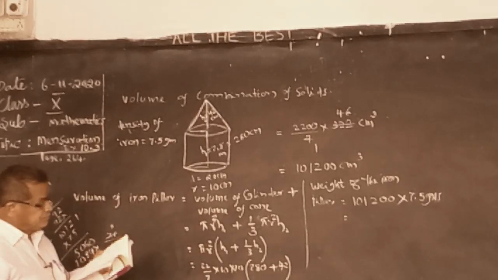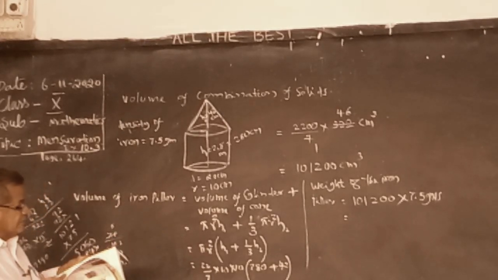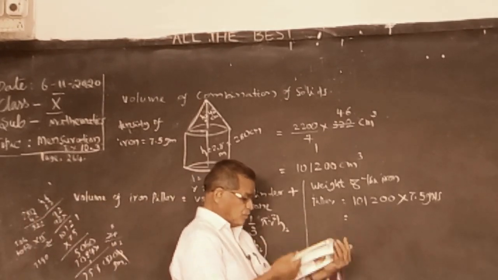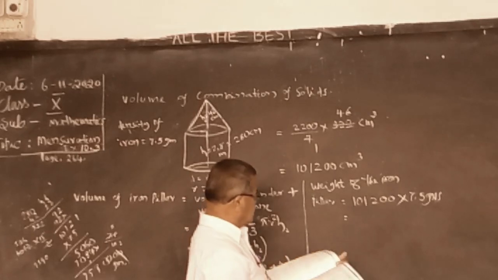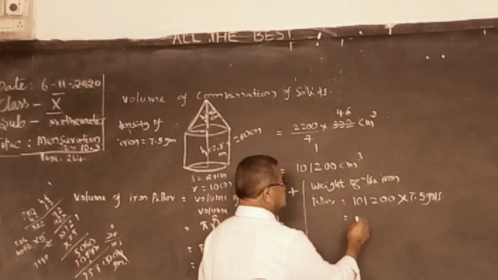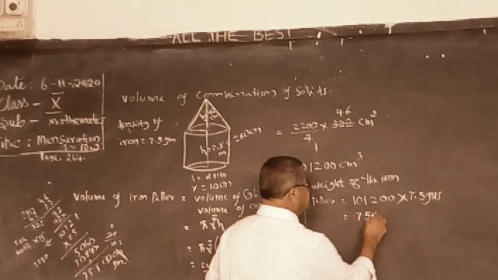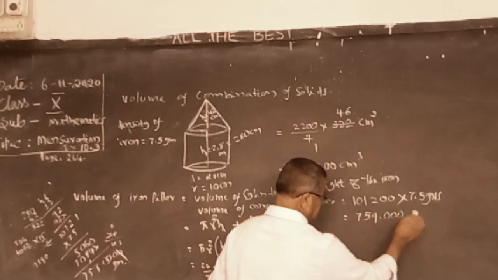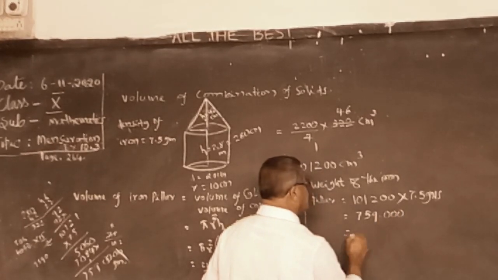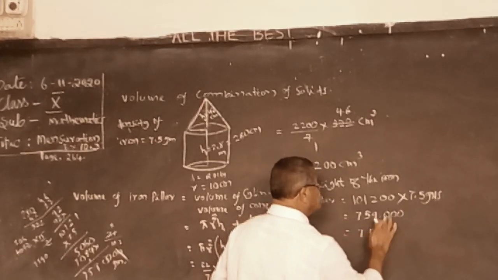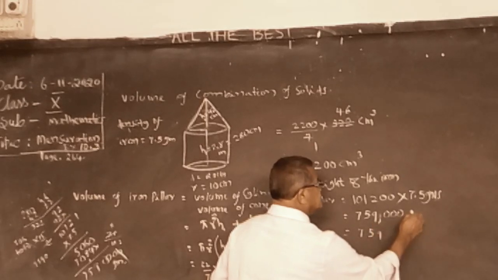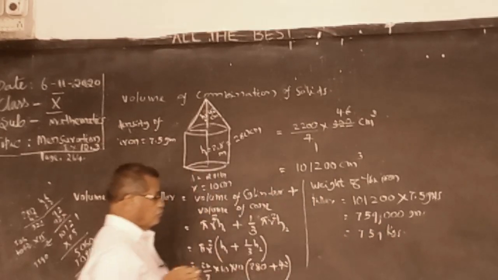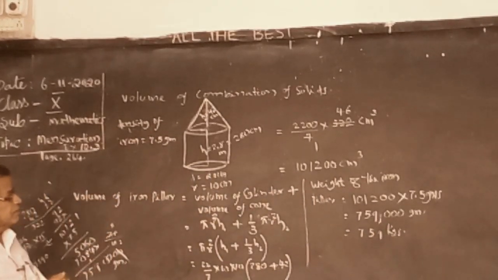But given is 693 kg. So we are getting this much according to this problem: 759 kg, here grams are kgs. Once again you check the multiplications.